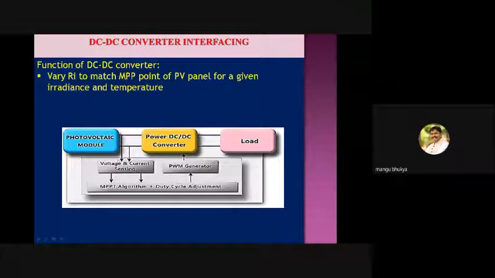If that interface circuit is not there, the photovoltaic and the load will not communicate. As I gave the example, we require a good translator to communicate between the load requirement and the source requirement; definitely we require an interface circuit.